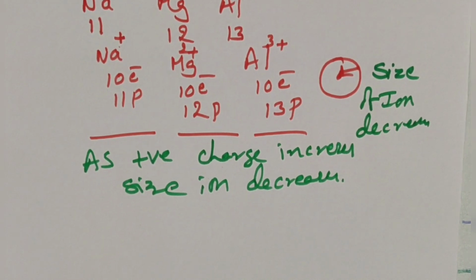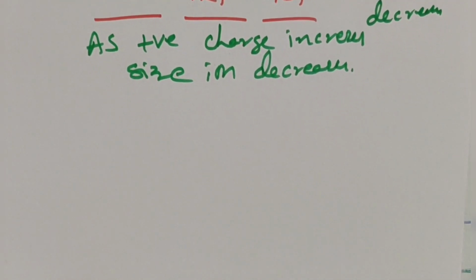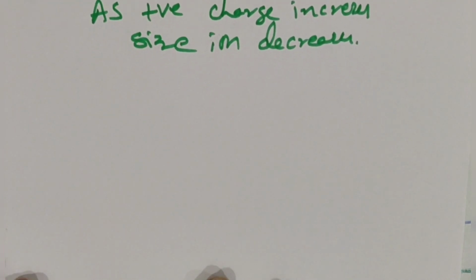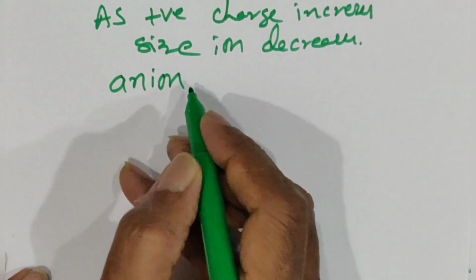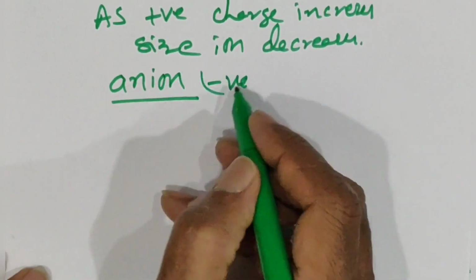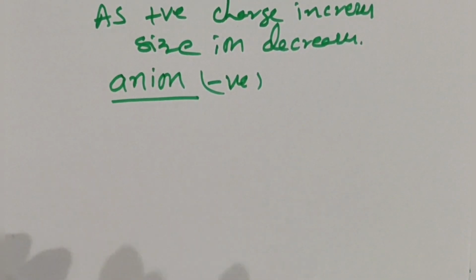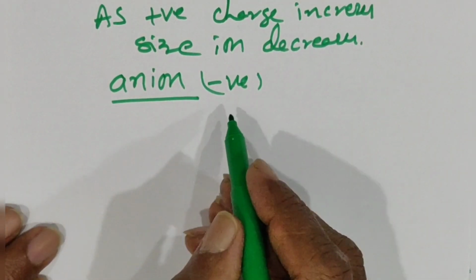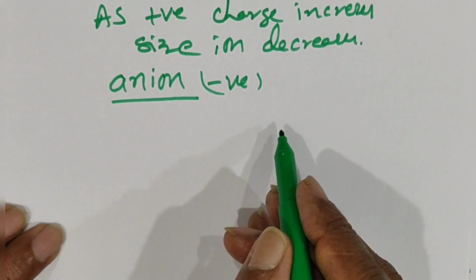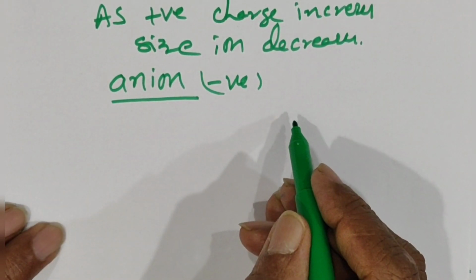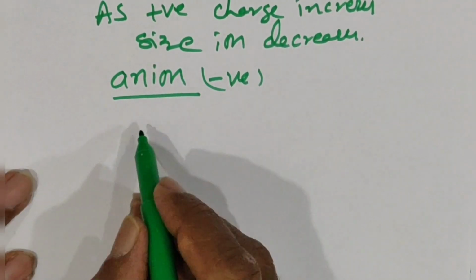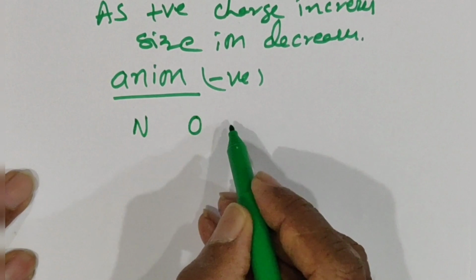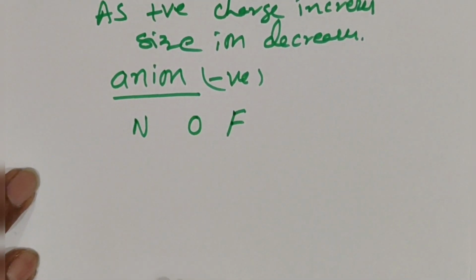In this way, you have to identify the size of a cation. Next, the size of an anion. Anion means a negatively charged ion. When an atom gains electrons, it becomes an anion. Now, as the negative charge increases, the size of the anion increases. For example, nitrogen, oxygen, fluorine.